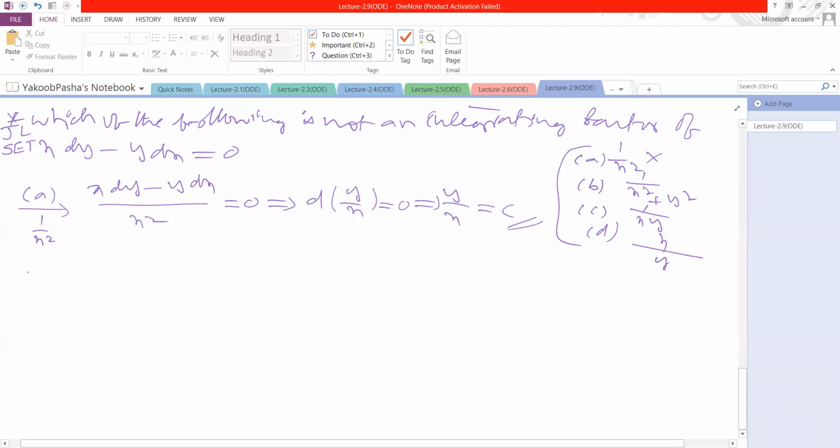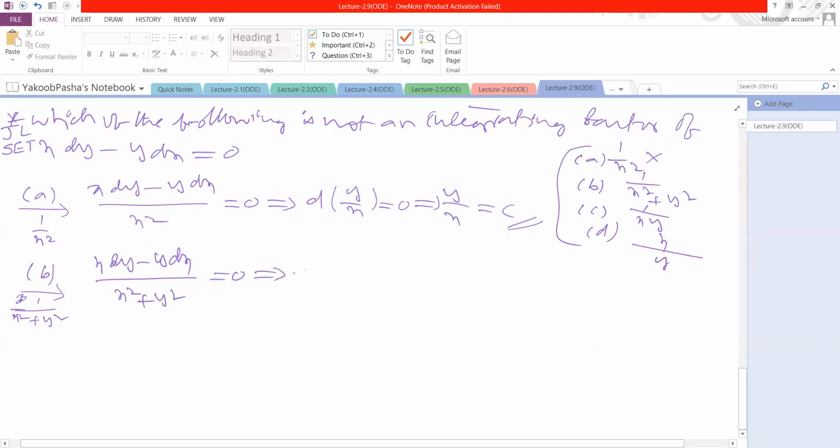Okay. Now I am taking option B, which is 1 by x square plus y square. We multiply with 1 by x square plus y square, and we get (x dy minus y dx) by x square plus y square is equal to 0.